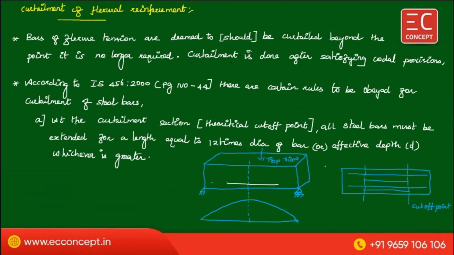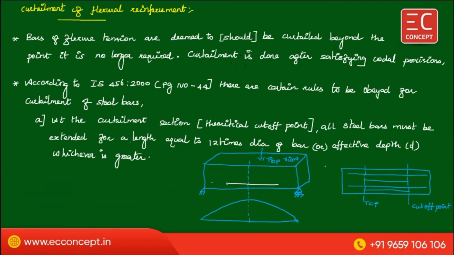First one, at the curtailment section, that is the theoretical cutoff point, TCP, all steel bars must be extended for a length equal to 12 times the dia of bar or effective depth, whichever is greater.